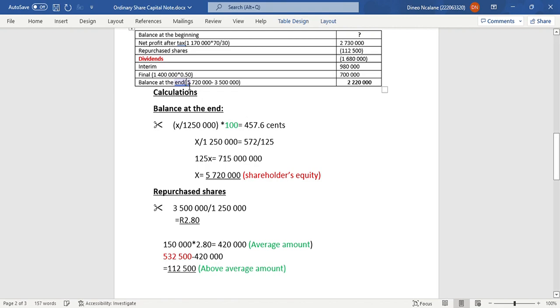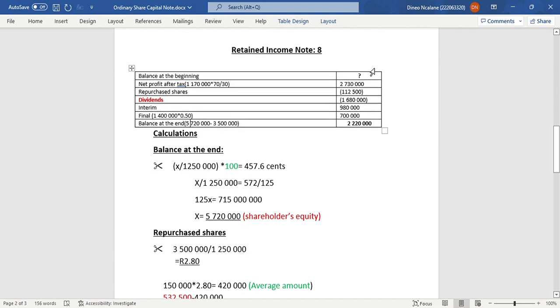So now you are asking yourself, how am I going to get my balance at the beginning for the retained income? Now you have to reverse. When reversing, you have to start from the bottom then go upwards.